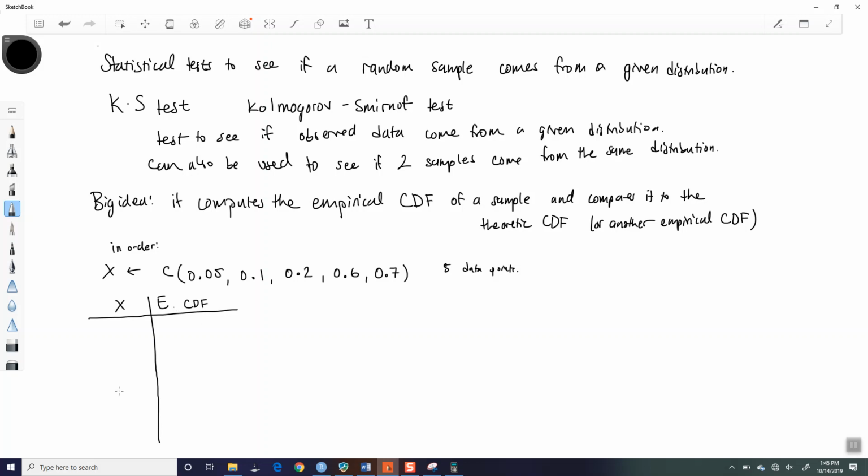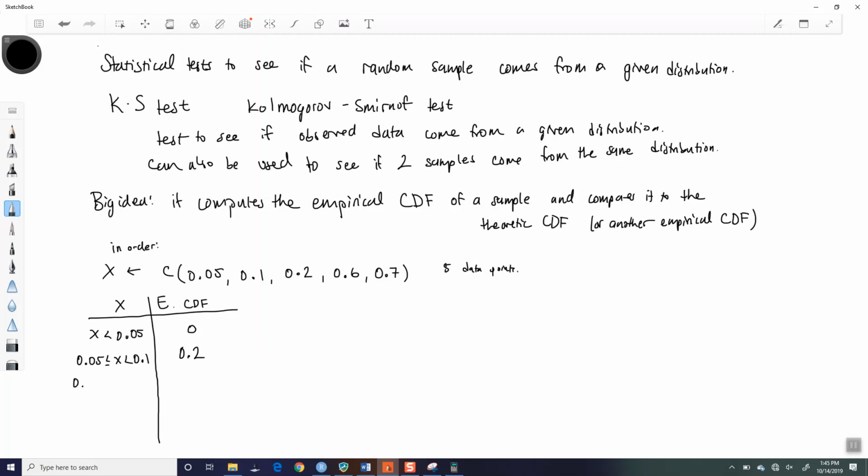Okay, so basically with 5 data points, we're going to say, okay, if x is less than 0.05, its quantile or percentile is 0, okay? And for anything between 0.05 and less than 0.1, a new value of x is greater than 20% of the observations, okay?